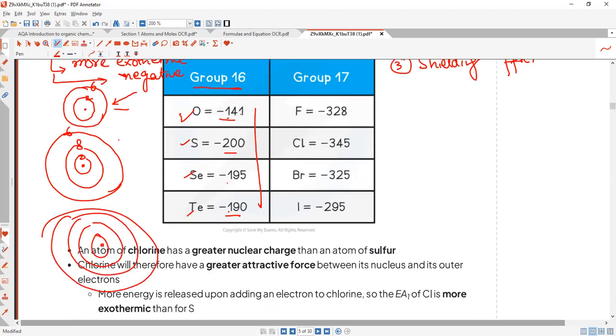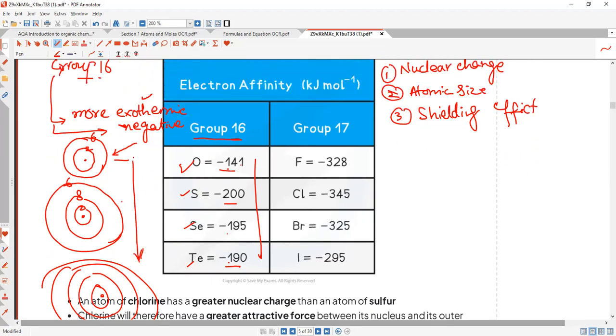So the size of the atom is increasing as we move from top to bottom, and as the atomic size increases, it is inversely proportional to the electron affinity. So electron affinity will decrease.